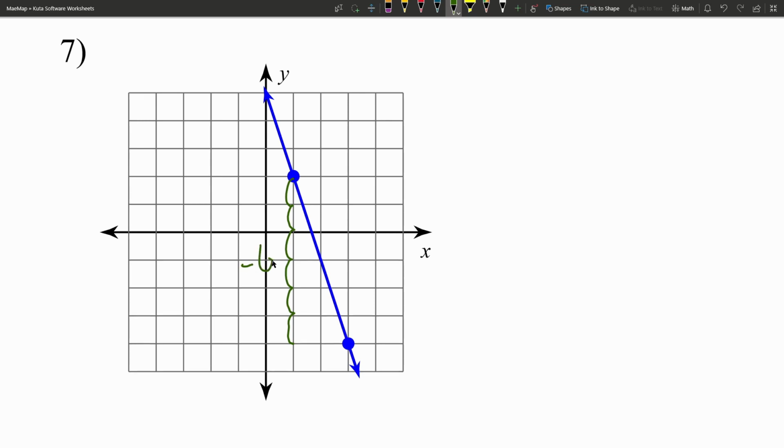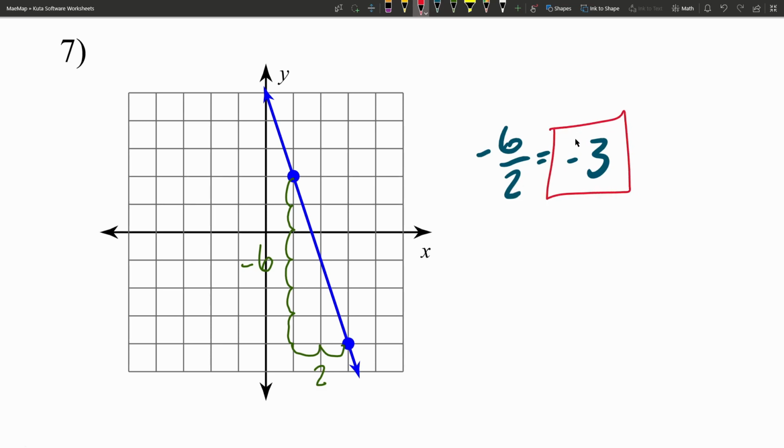Going down, that's a -6, or a change of -6. And then over 2, 1, 2. That's a positive 2 because we're moving to the right. So that's -6/2, which is equal to -3 when you simplify that fraction down, for our slope in number 7.